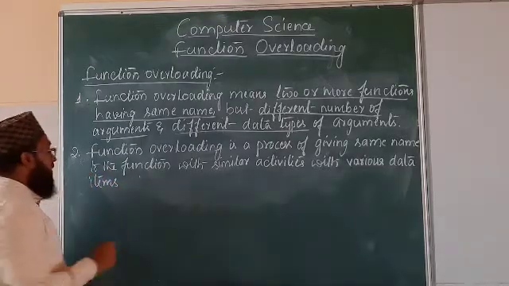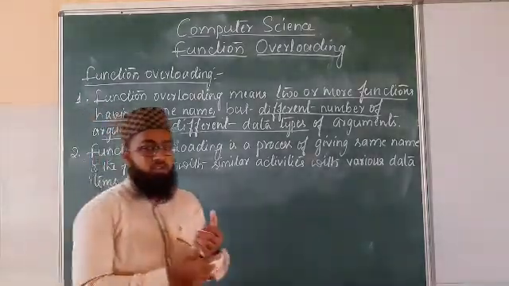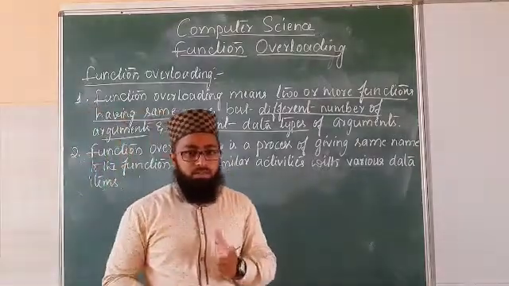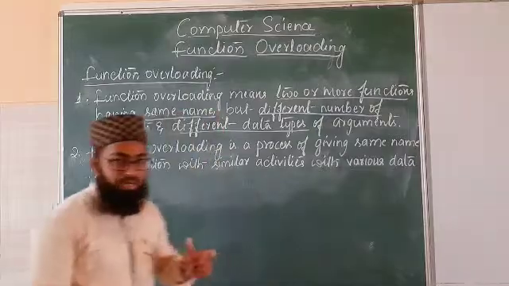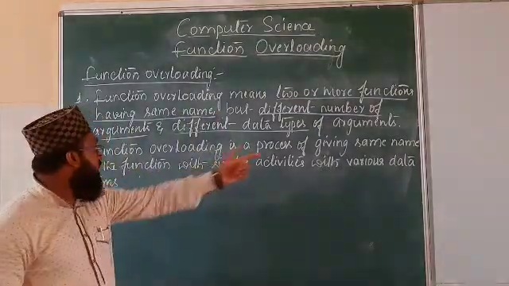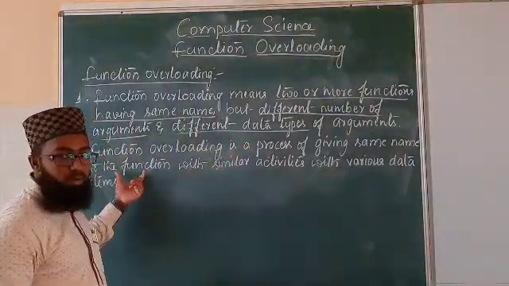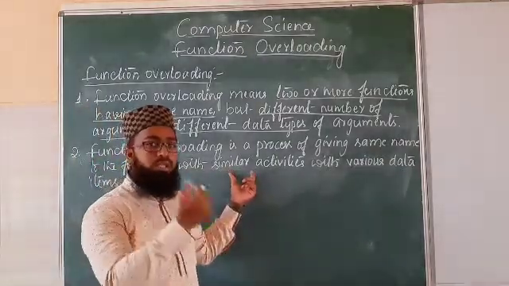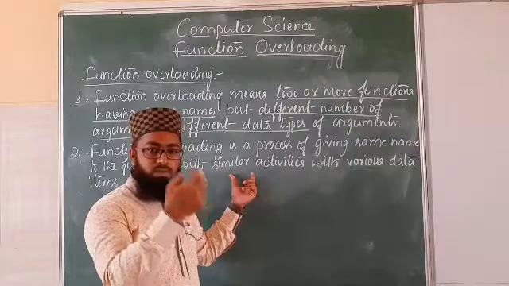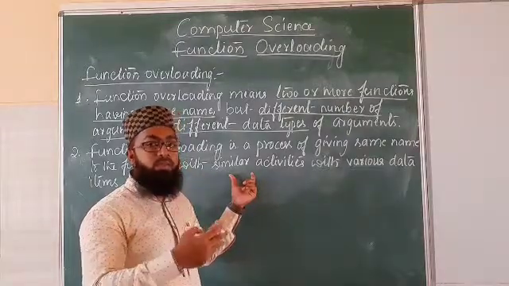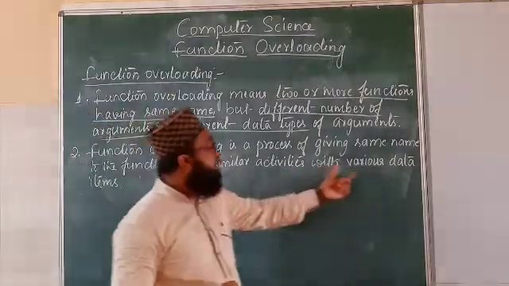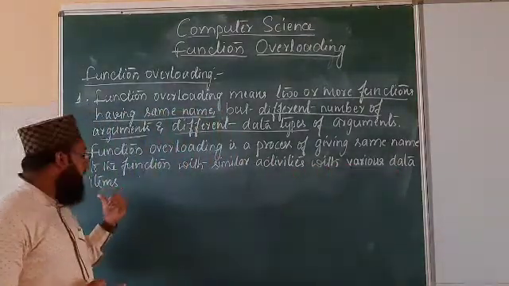I was given an example of 3 functions. All are having the name sum, but the function has been given the same name, with similar activities. All will do only the addition. The 3 functions will perform the same activity, that is addition only, but with various data types.